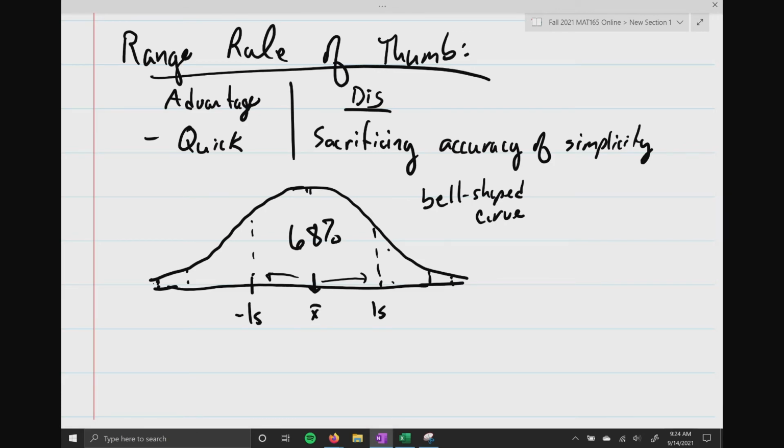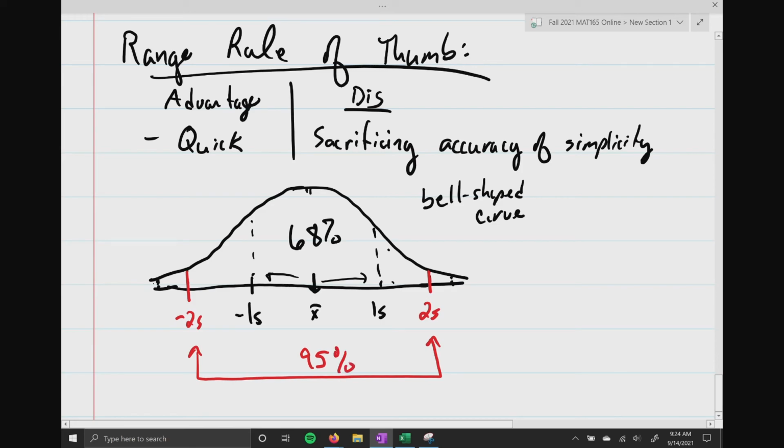Now, if we extend this a little bit further, we would expect to find 95% of our collected data would be within 2 standard deviations away from the mean. So 2 above and 2 below. Okay?